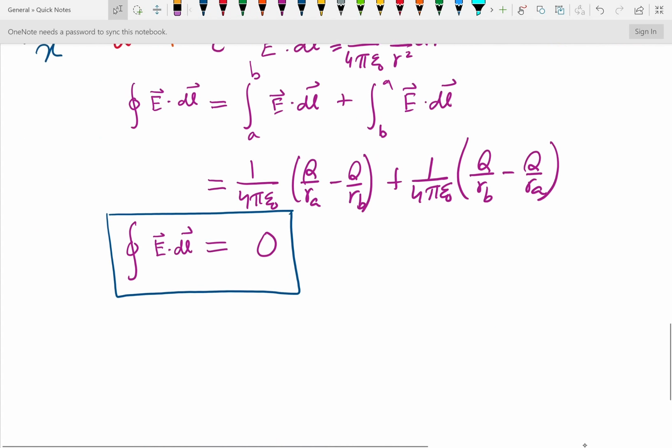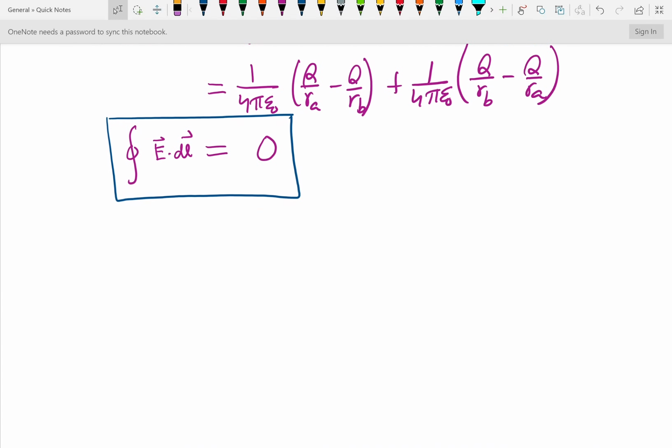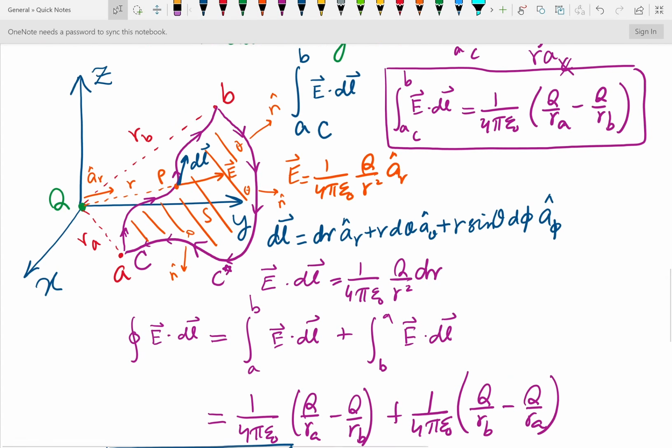Since we are considering this open surface, from the Stokes theorem you can see that the line integral, or the circulation, of the electric field around this closed path will be equal to the surface integral of the curl of the electric field dot ds, where ds is directed along the unit vector as shown in the figure.